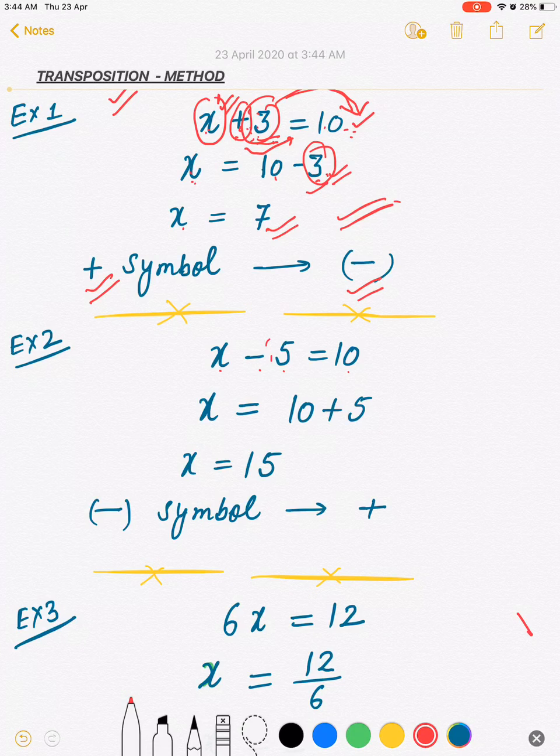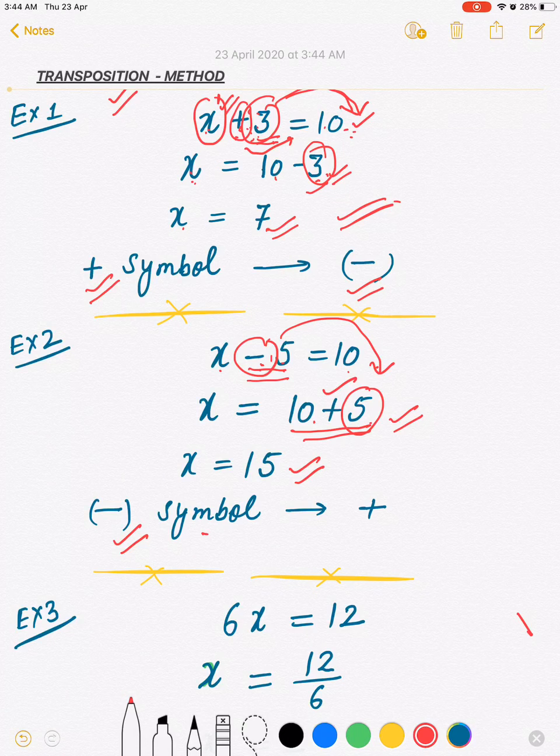When it goes to the other side, this minus 5 will change its symbol and become plus 5. 10 plus 5 is 15. So when a minus symbol gets transposed, it becomes a plus symbol on going to the other side. And this is the answer.